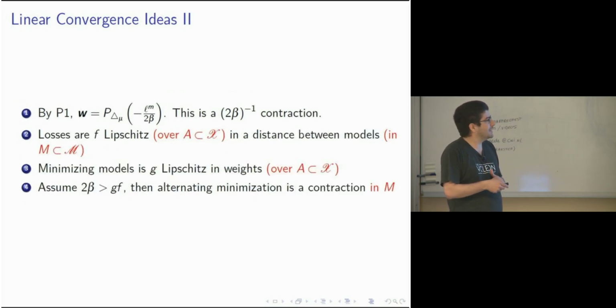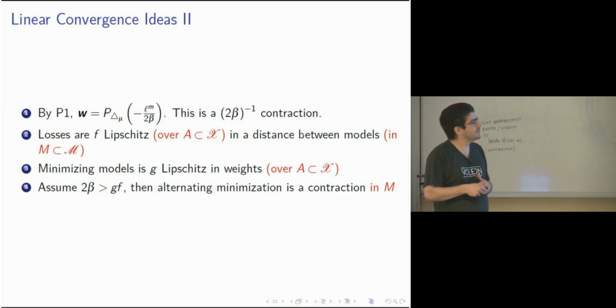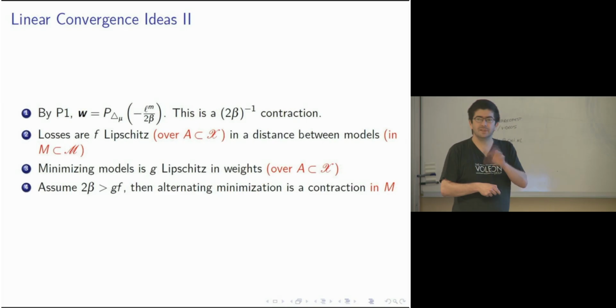In a refinement of the analysis, we can actually restrict ourselves to a subset of the data and a subset of the models. For example, models that will uniformly ignore the outliers, so models which are approximately correct in the sense that we care about here. In that case, the beta that we need only depends on those local properties of the problem for that A and for that subset of models.